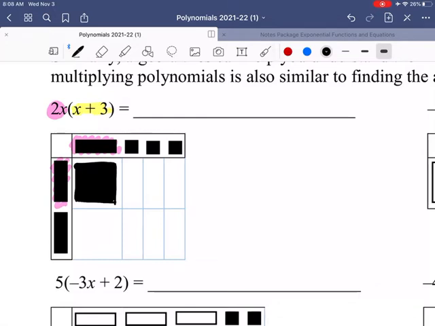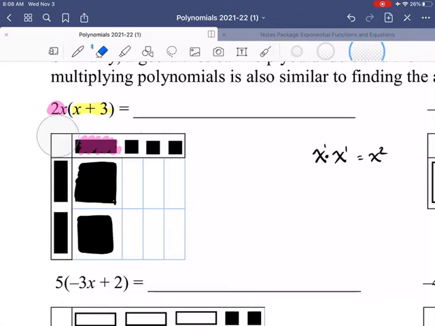You can also think about that in terms of powers: x with an exponent of 1 multiplied by x with an exponent of 1 gives us x squared. This is a positive x squared there, and we get the same thing directly below it, another positive x squared. Let's work through the rest of this.